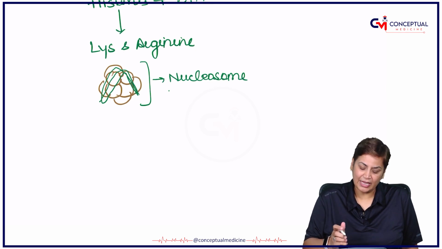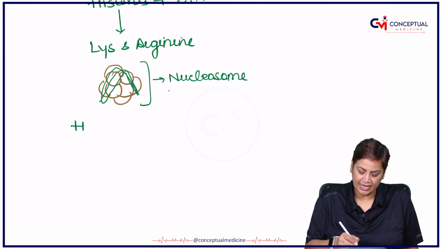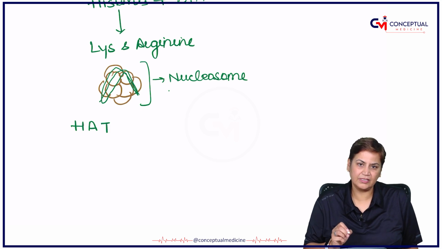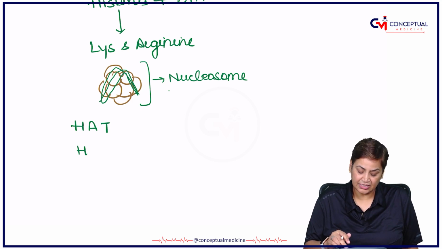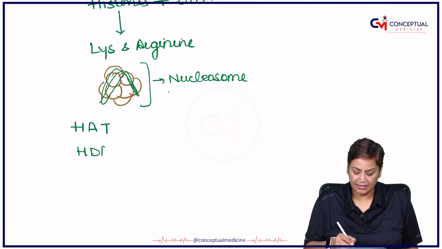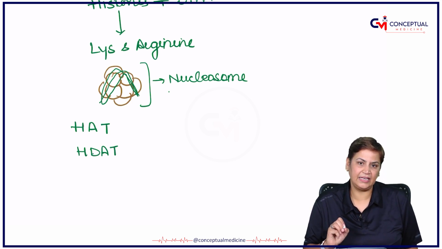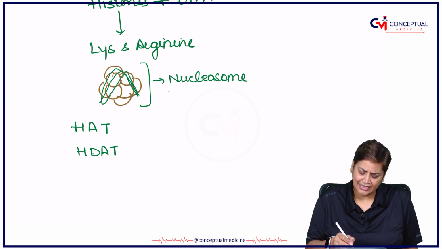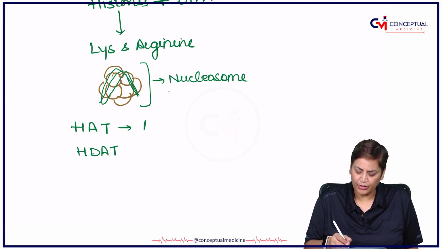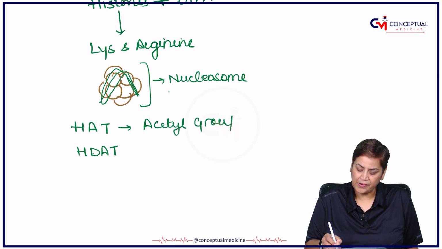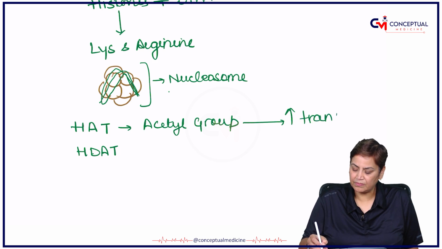If we talk about acetylation, the enzyme is histone acetyltransferase, and if it is deacetylation, it is histone deacetylase. So this HAT enzyme will incorporate acetyl group. Okay, so it will increase transcription.